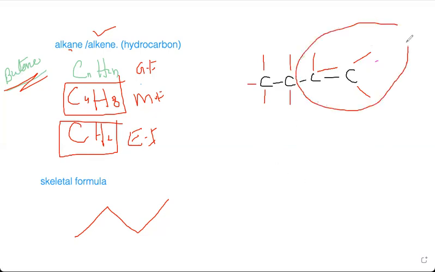The shape of this chain will change from here, like this. It will be trigonal planar now, so the shape will be changed. The actual shape will be this. You can check your past papers. So you should know the shape of the molecule correctly.